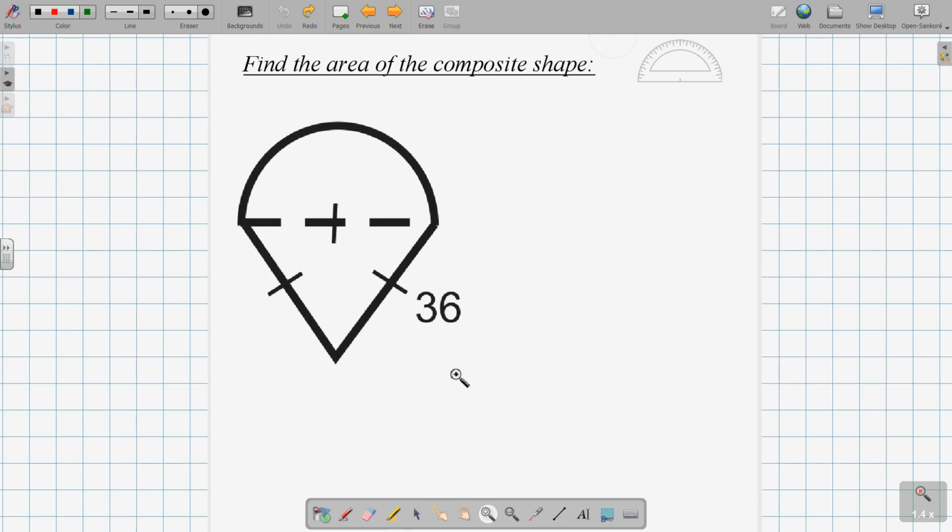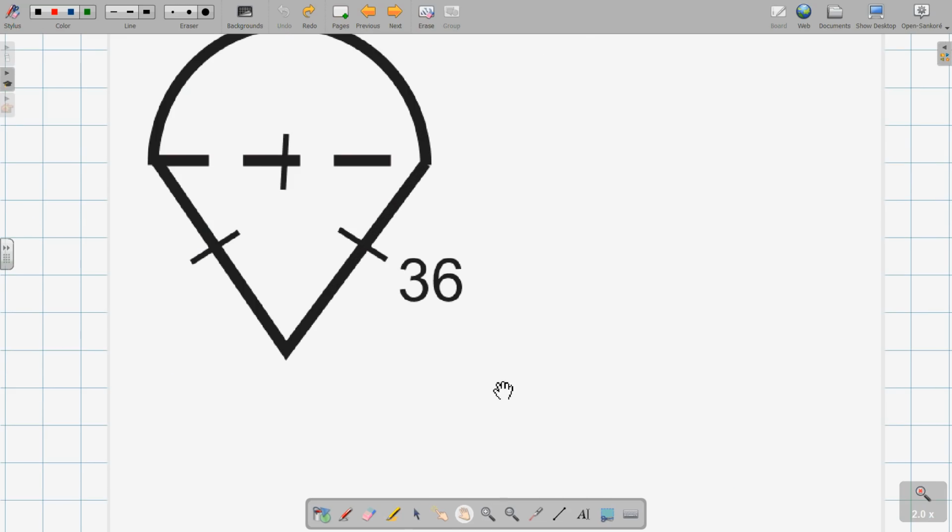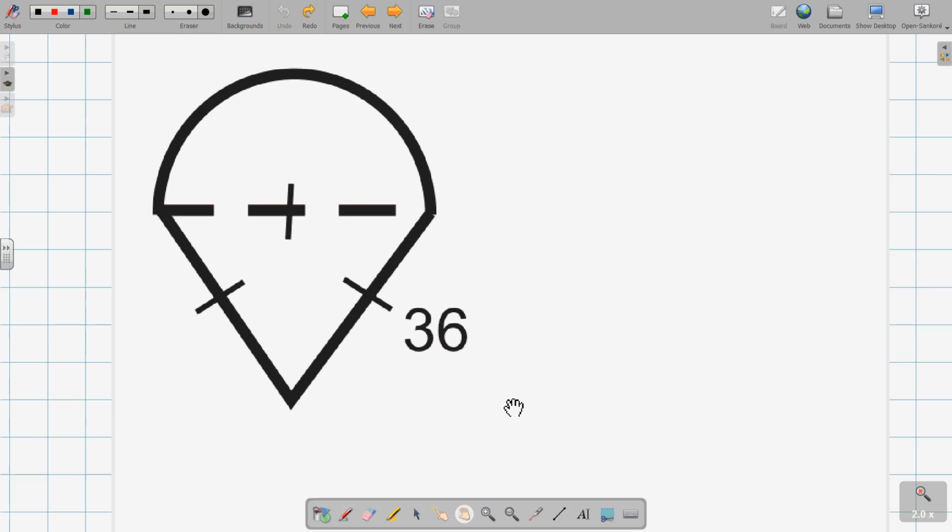So when you're working with composite shapes, it's important to do thing equations.